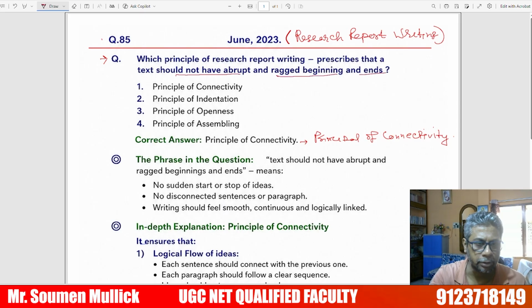This is a very important question. They have given four options: principle of connectivity, principle of indentation, principle of openness, and principle of assembly. The correct option is principle of connectivity.